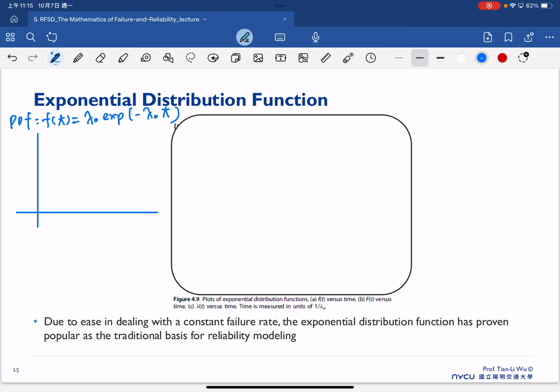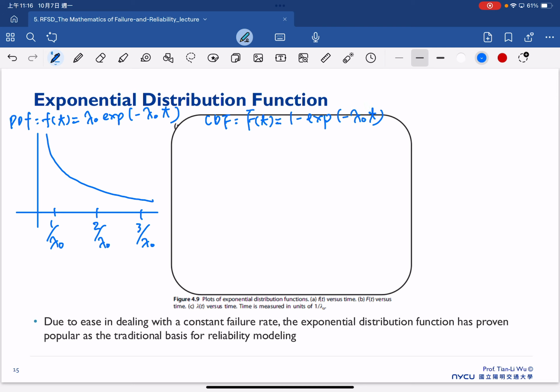Based on the form of this equation, it should look like an exponential decay, where this is 1 over lambda 0, 2 over lambda 0, and 3 over lambda 0 here. On the other hand, we can also plot the CDF. CDF is equal to capital F(t) equal to 1 minus exponential minus lambda 0 t.